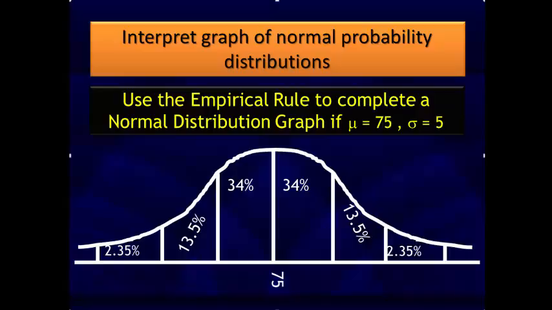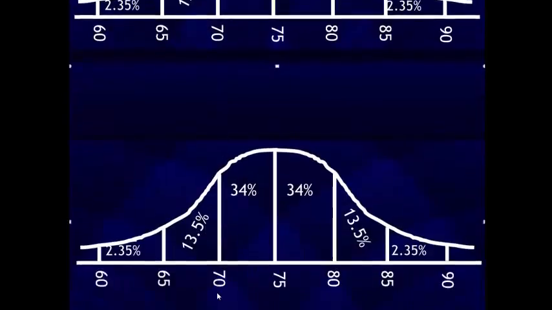So, there is the mean, and here is 80 because the standard deviation is 5. 75 plus 5 is 80, plus 5 is 85, and plus 5 is 90. From the mean, 1 standard deviation below it is 75 minus 5 is 70. Minus 5 is 65, minus 5 is 60.